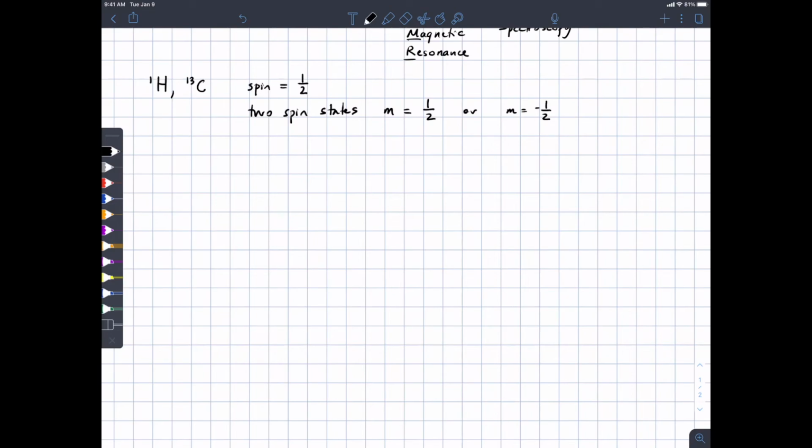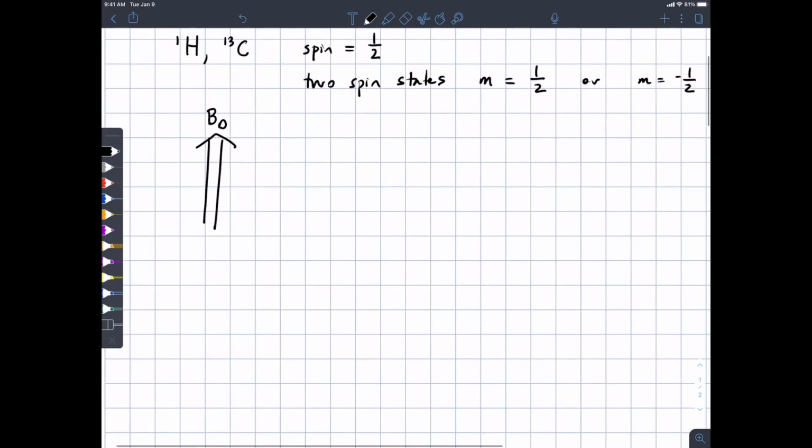But if you put the proton in the presence of an external magnetic field, which I will represent with that arrow and the letter B with a 0, this is the applied external magnetic field. As soon as you do that, you split the energy of those two states.